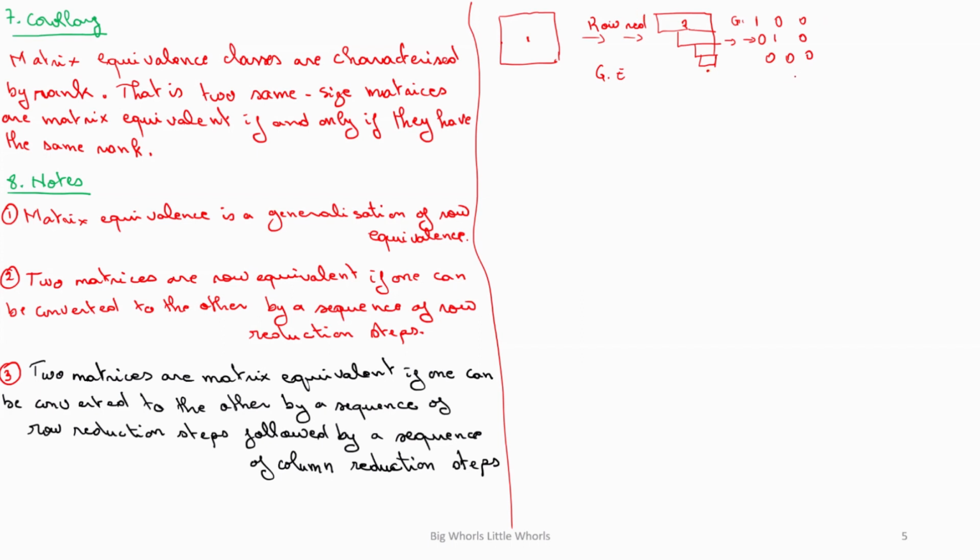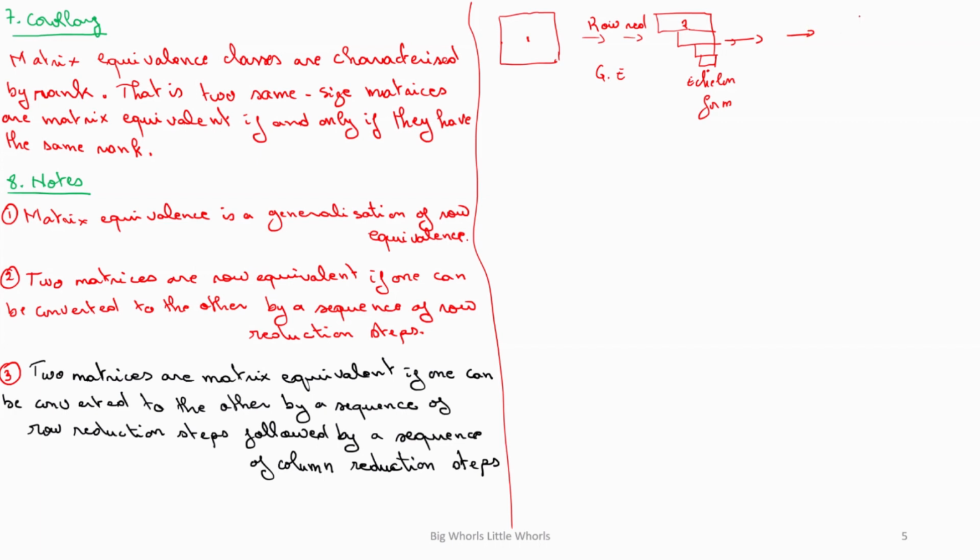And to get the reduced echelon form, what we are going to do this time is column reductions. So I think I should give myself enough space here. To get to the echelon form, we do Gauss elimination.